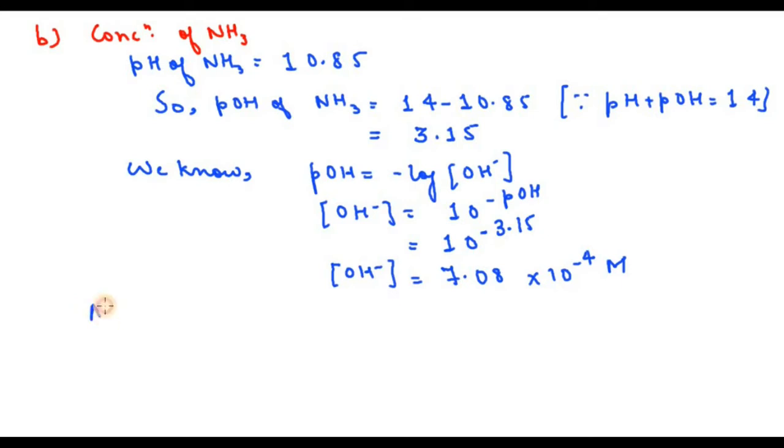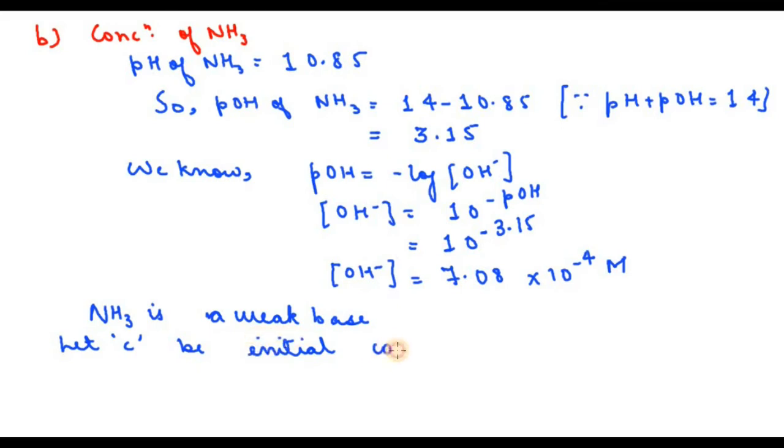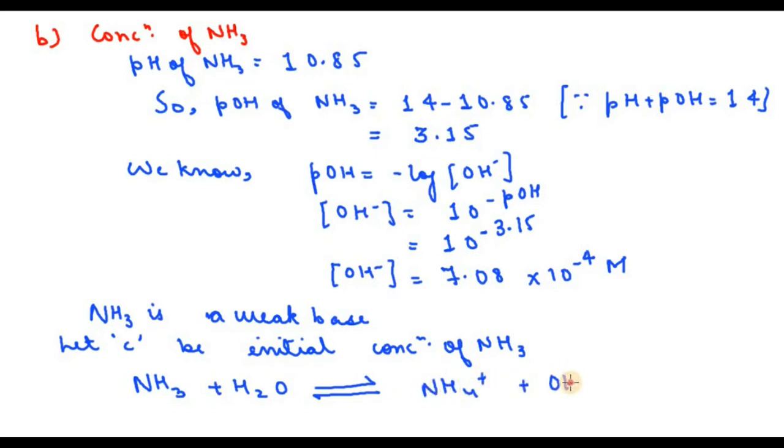Now we know NH3 is a weak base, right? So it will partially dissociate in water. So let C be the initial concentration of NH3. Alright, then according to the equilibrium reaction, NH3 will dissociate in water to give NH4 plus and OH minus ions.